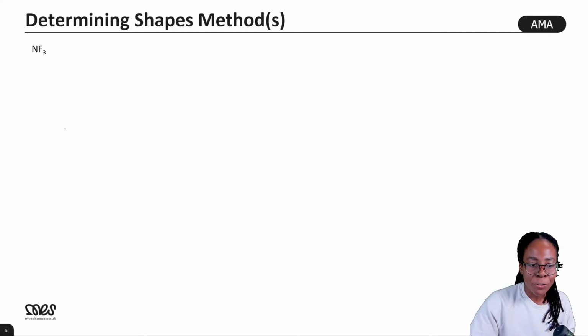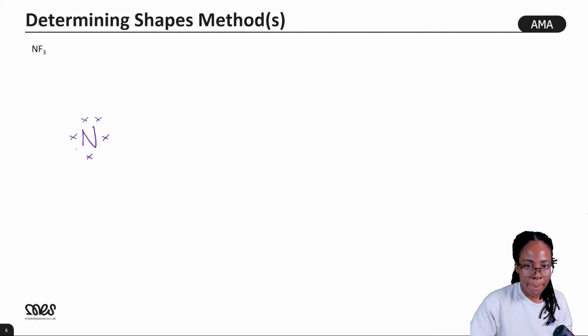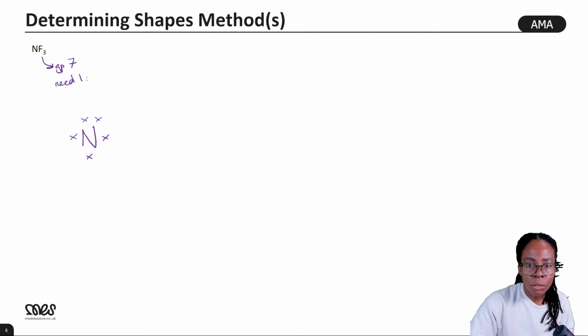If we've got NF3, then nitrogen is our central atom, and nitrogen is in group 5, so it would have 5 electrons on its outer shell. Fluorine is in group 7, so they each need one more electron, which means that they're going to pair up with just one of these nitrogen electrons like this.